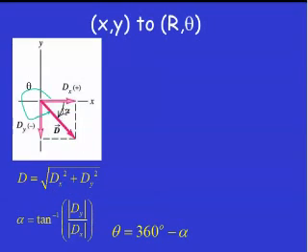I always recommend that you find the angle called the reference angle, which is the acute angle in the quadrant where the vector appears. And then once you get this reference angle, you should translate that into the standard position angle. So in this case, since it's in the fourth quadrant, it would be 360 minus whatever this angle is.